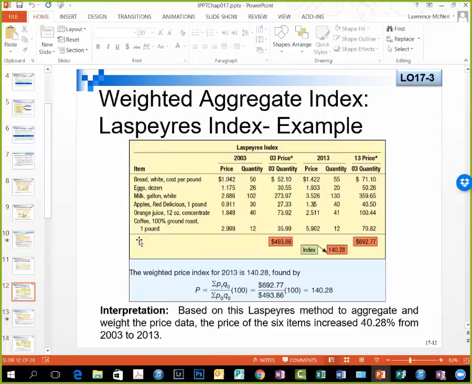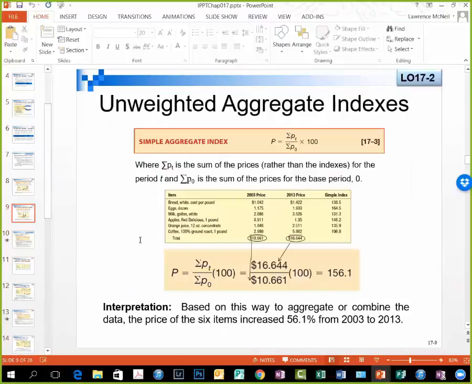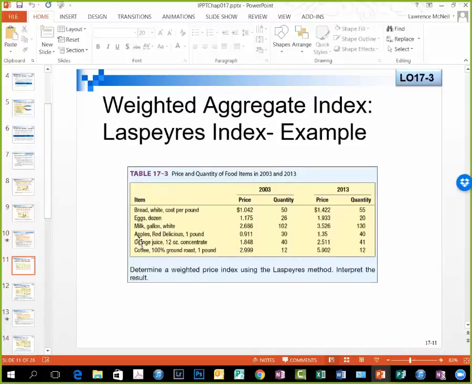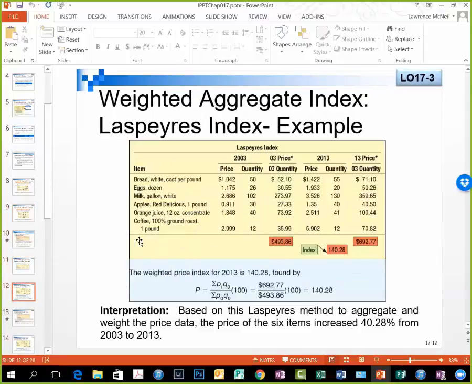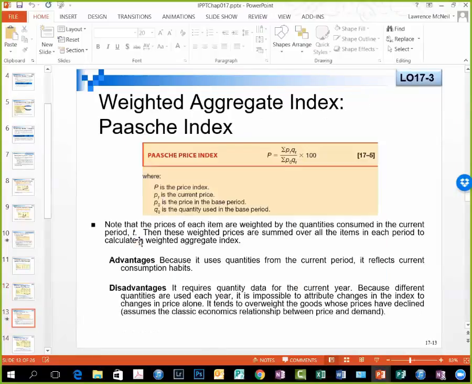Okay, so that's Laspeyres. Laspeyres gave us 40.28. If I had three of these to choose from, 52.2, 56.1, and 40.28, of course, I'm choosing 40.28 because that's giving you the better, more accurate increase because of the weights. Now, of course, other folks came up with different ways to weight.